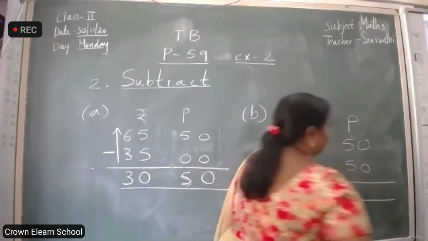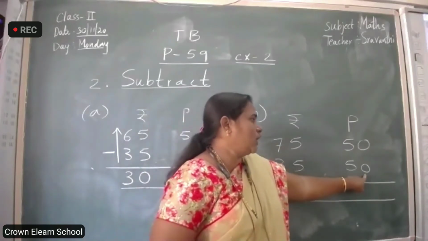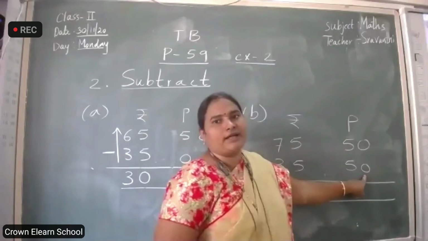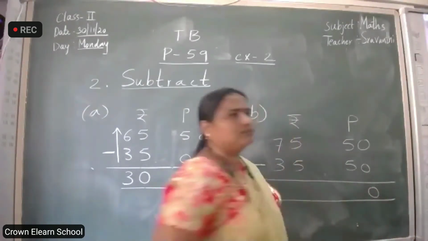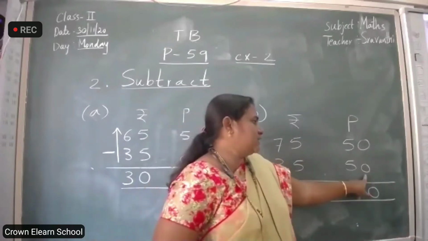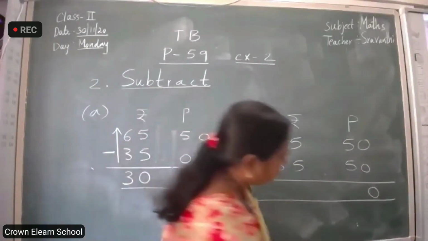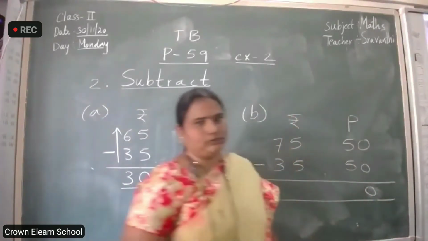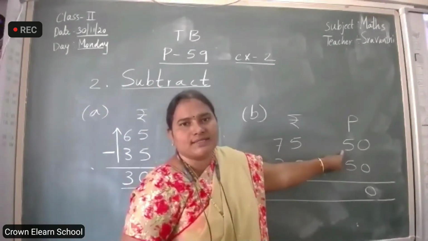Let us do fast. 0, 0. Nothing to be subtracted, so the answer is also nothing. 0 minus 0, 0. Have you written that? Okay. Now again, which property is this?